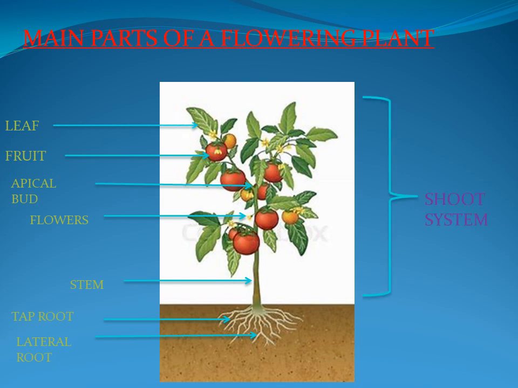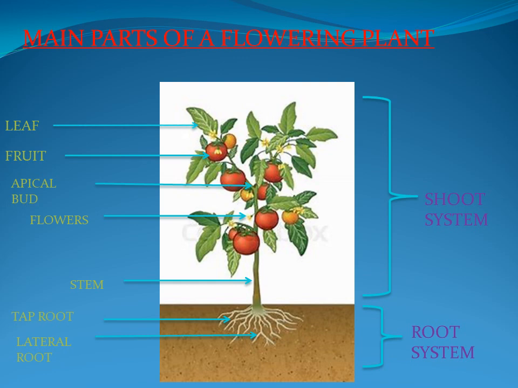What are they? The first is the shoot system, and the second is the root system. Again, say with me: shoot system and the root system. The things which are above the soil are known as the shoot system, and the things which are below the soil are known as the root system.